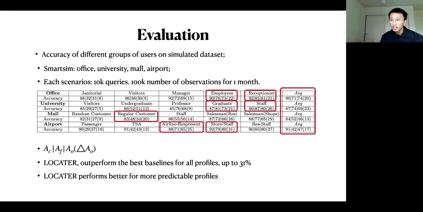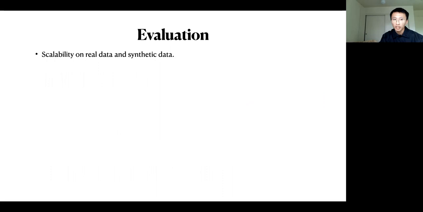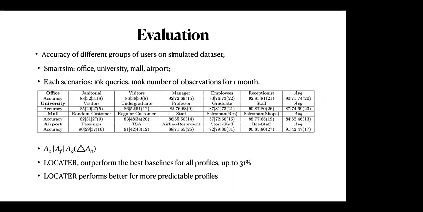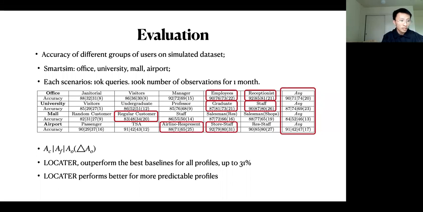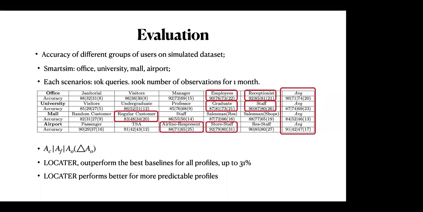We observe that the locator outperforms the best baselines for all profiles by up to 30%, and it also performs better for more predictable profiles. In this result, the graduate students and staff are more predictable. You mean in the university scenario? In the university setting, yeah. Yes.